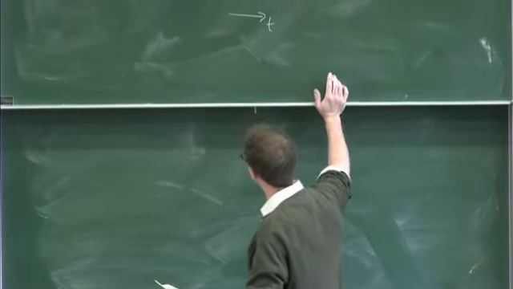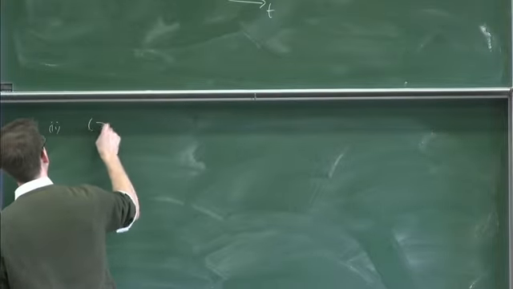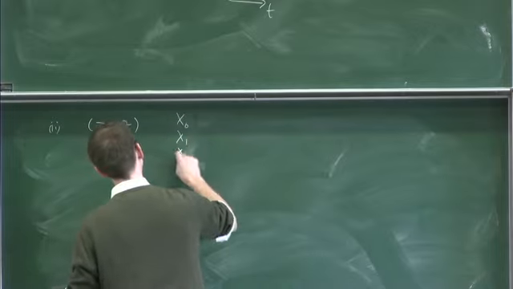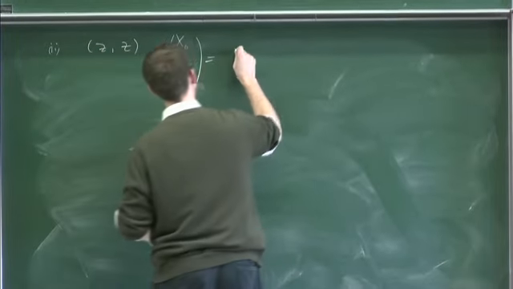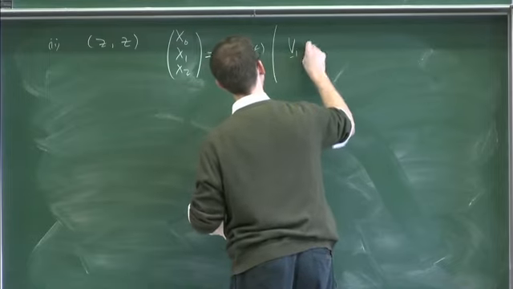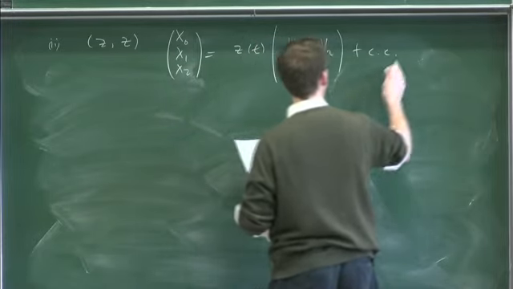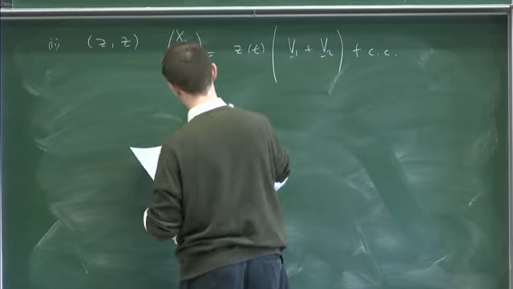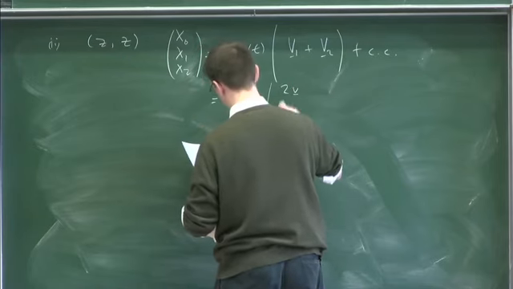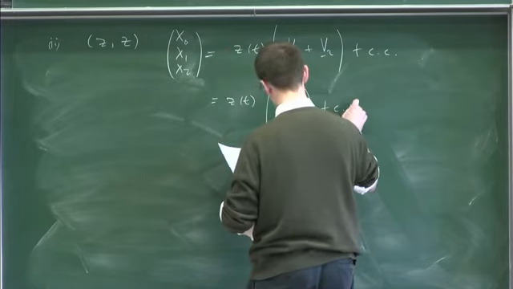So to go through the other two slightly faster. The second case we have (z, z). So here I've got x0, x1, x2, which looks like z1 equals z2, times v1 plus v2, plus complex conjugate. So this looks like z(t) times (2v, −v, −v), plus complex conjugate.